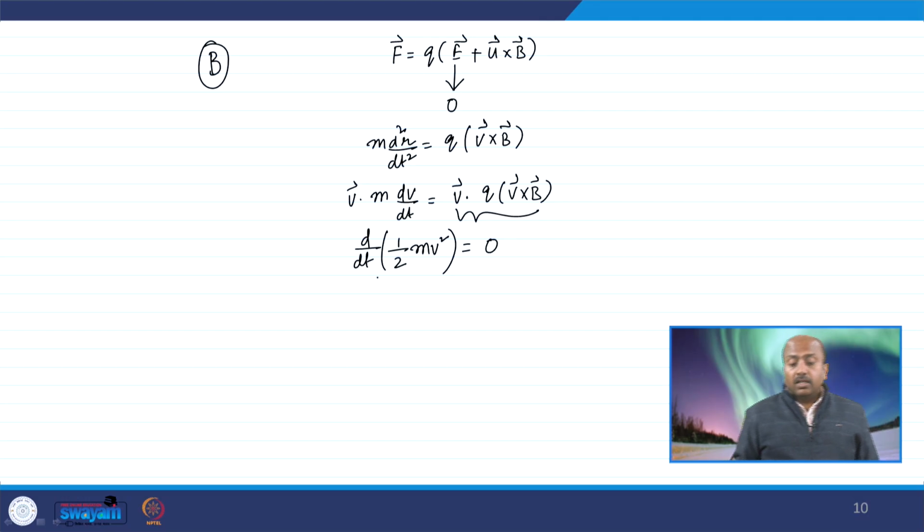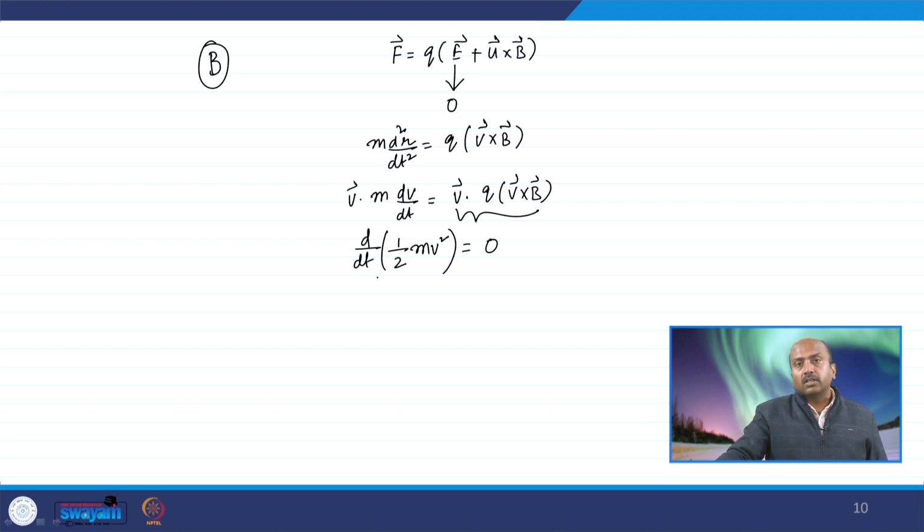So, when the particle is moving in a uniform static magnetic field, why am I calling it a uniform and static magnetic field? Because the movement of plasma will be entirely different if you don't include these two assumptions. Uniform means the strength of the magnetic field is not changing as a function of space.